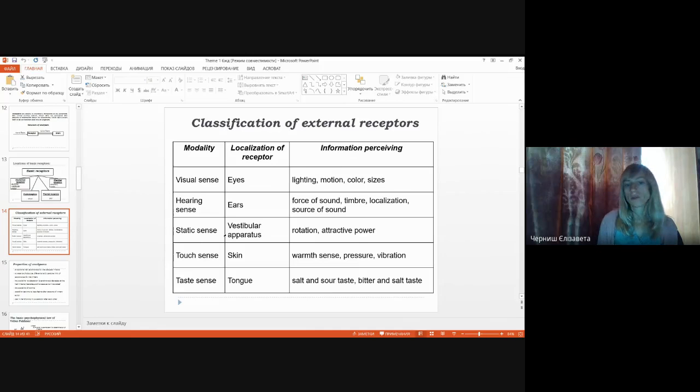So it's very important to use these receptors and analyzers together, forming a unified picture of the environment.